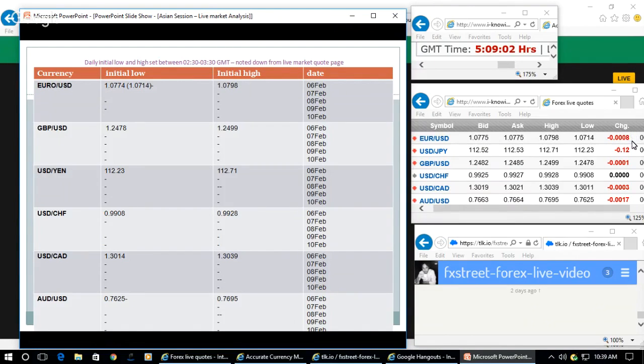If you see the net change, Euro is showing negative net change. USD is also showing negative net change. Then GBP is showing negative net change, and CHF is unchanged. Then Canadian dollar is showing negative net change. Australian dollar is also showing negative net change. Just about 10 minutes back, all the currencies were showing negative net change.